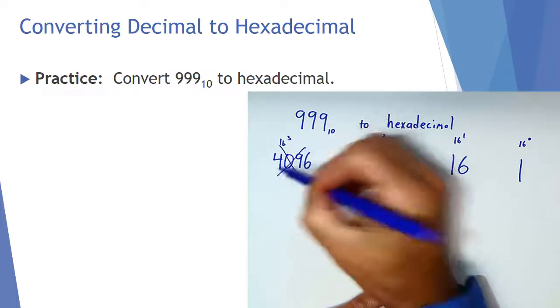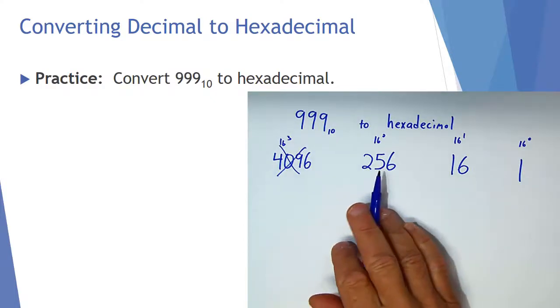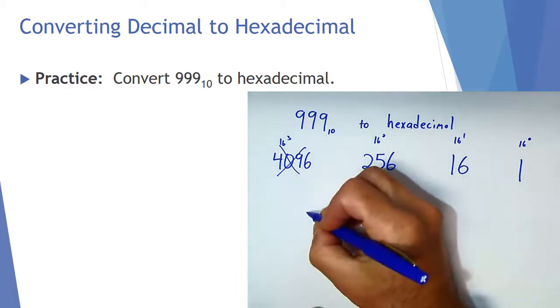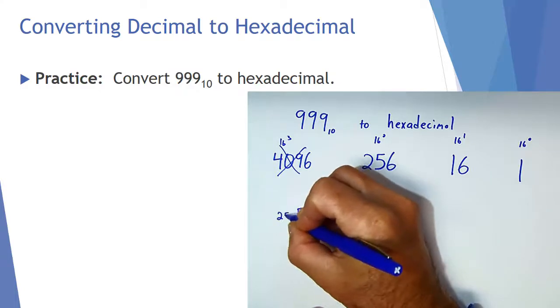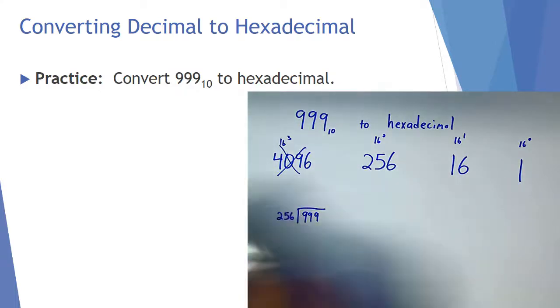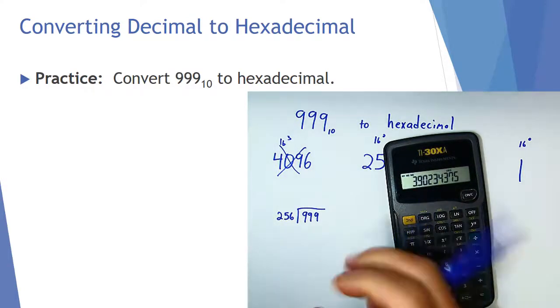Okay, step 2, find the highest power that fits into 999. Well, 4096 is again too big. 256 is the biggest power. So we need to see how many times it fits in there and get our remainder. So let's take 999 divided by 256. 256 fits into 999 3 point something times.